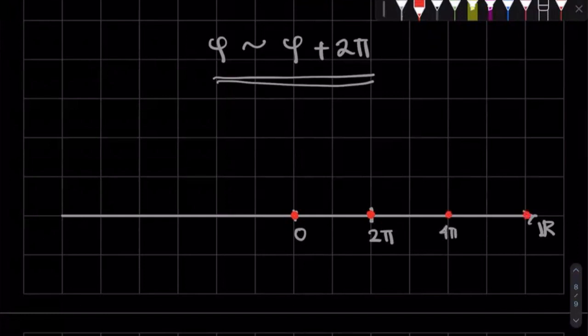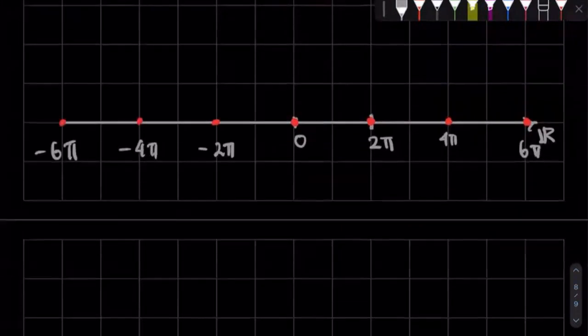So at every 2 pi, if I take R and identify every point at 2 pi distance, sorry, this is 4 pi. Then what do we have?